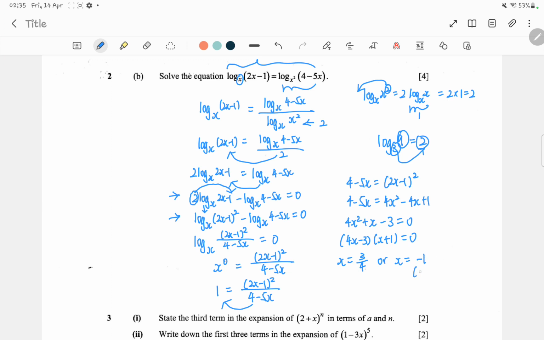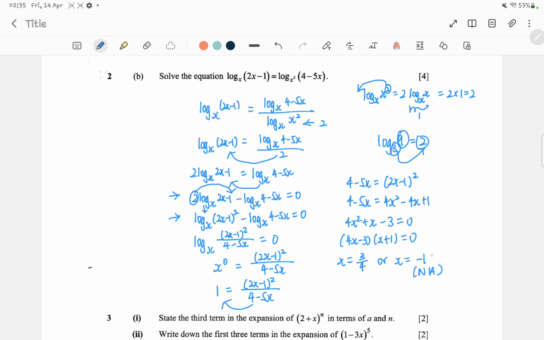Now, for minus 1, there's no answer over here. Well, that's because when you substitute minus 1 in here, remember when you solve this type of logarithmic equations, similar to question number 1, you will need to substitute your final answers back into the original equation to check the validity of your final answers.